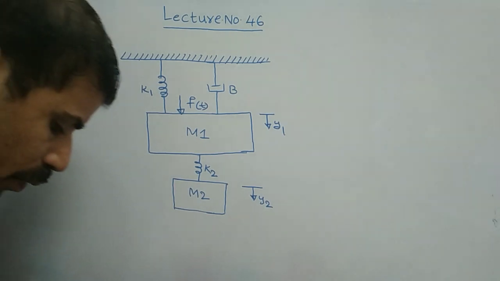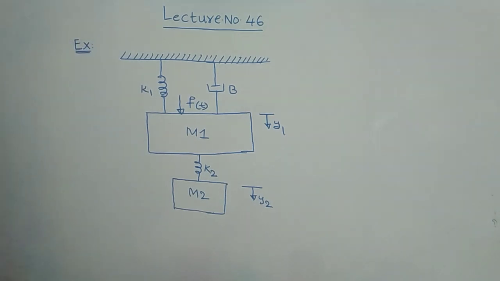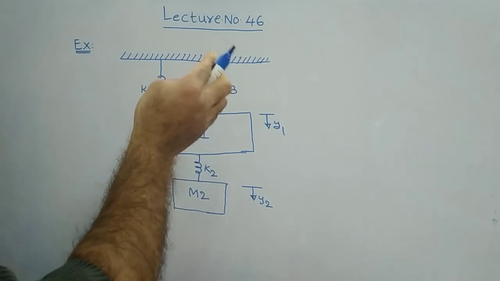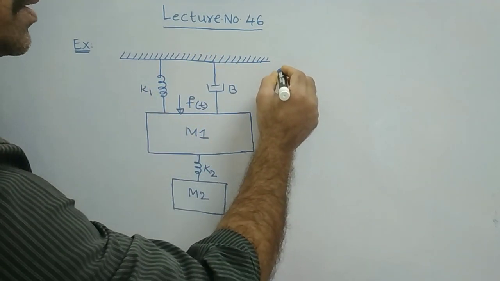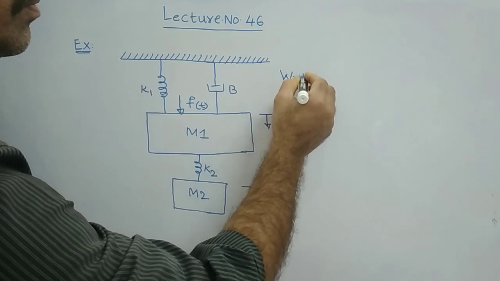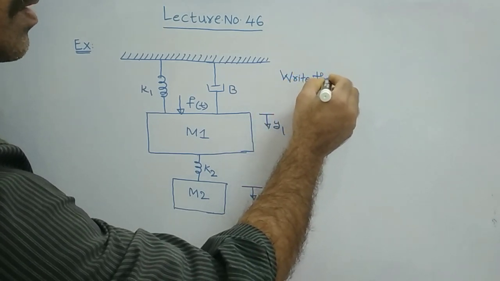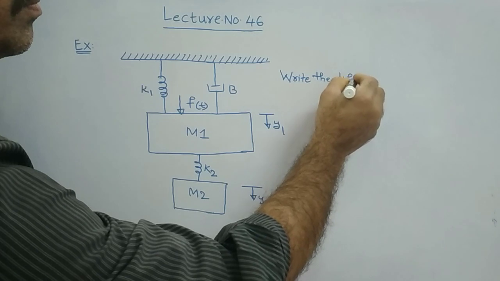For this, you write the differential equations, and then draw the electrical equivalent circuit using force voltage as well as force current analogies. The first question is to write the differential equations.